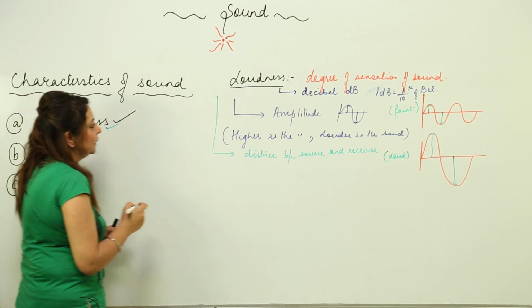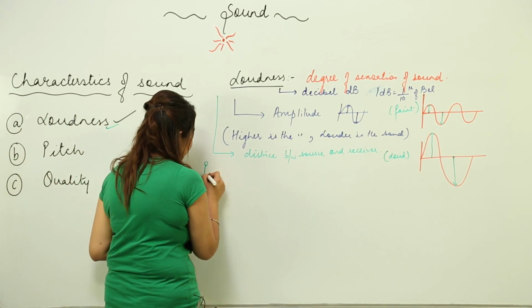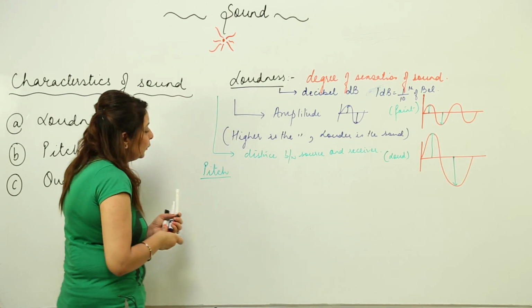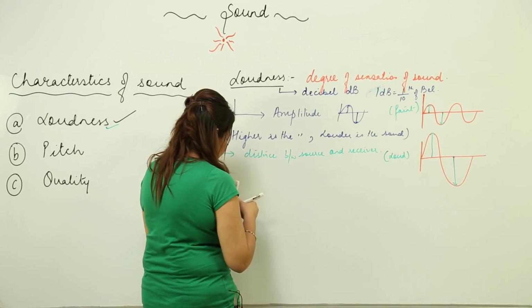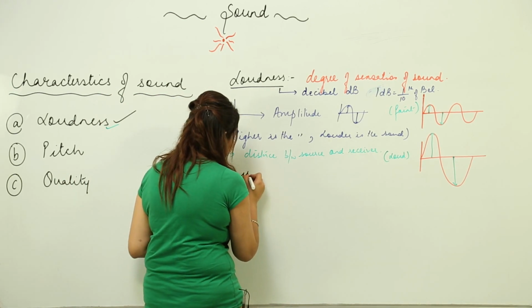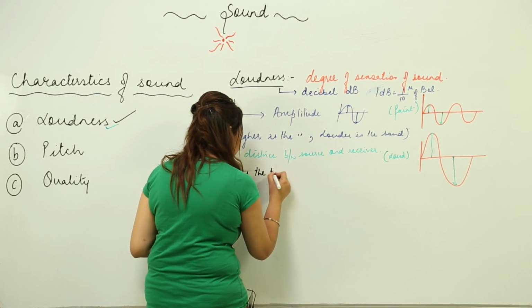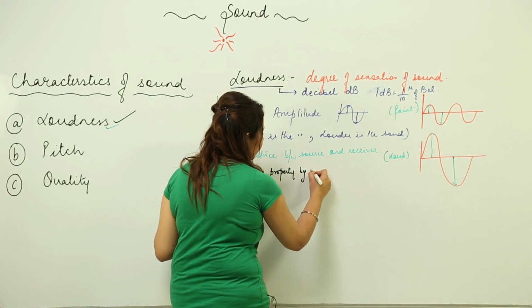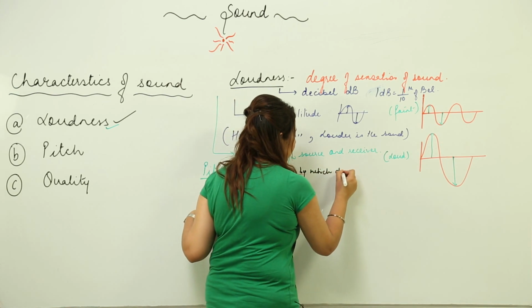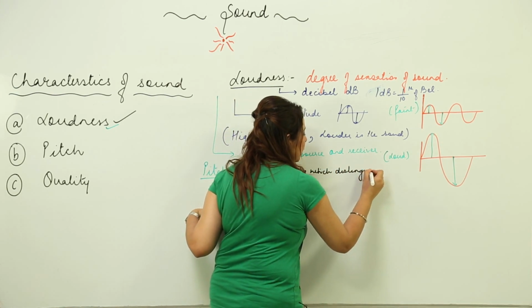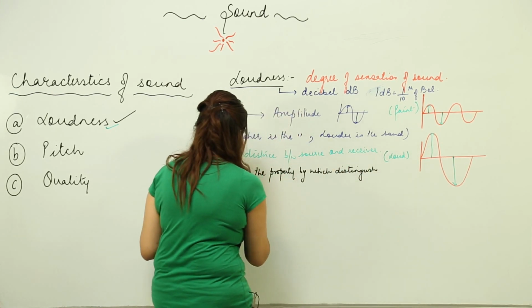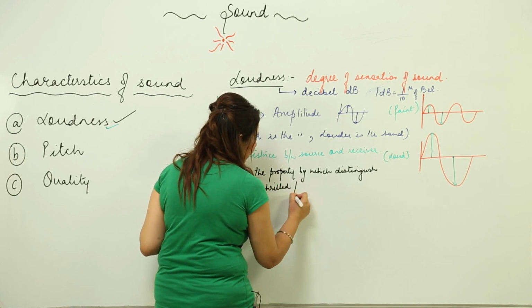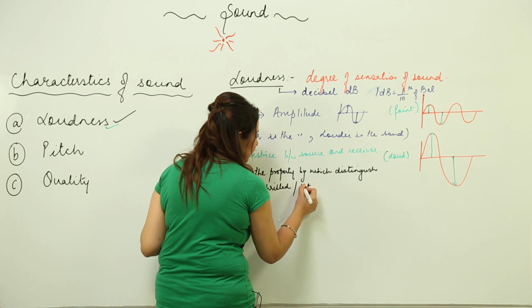Now we are going to start with another property, that is the pitch. Pitch is the property by which we can distinguish between, or we can actually tell what sound is shrilled and what sound is flat.